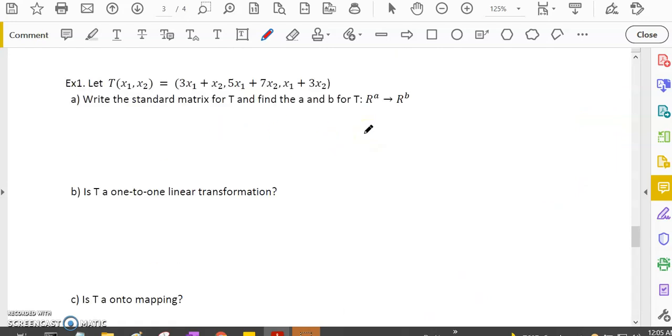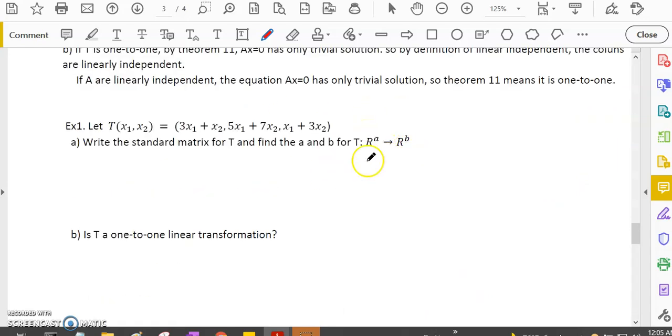Okay, so let's do an example with this. We have a linear transformation. We know it is a linear transformation because I can write it with a standard matrix. So what is a standard matrix? Let me write it down as a column vector, x1, x2. After you do that, it becomes 3x1 plus x2, 5x1 plus 7x2, like a system of equations, and then x1 plus 3x2.